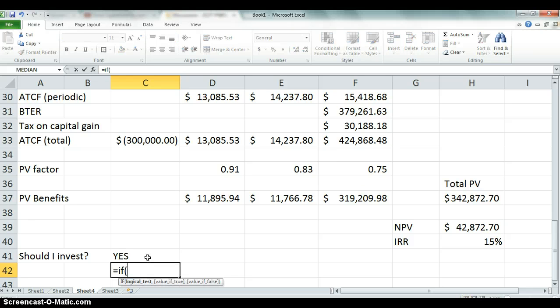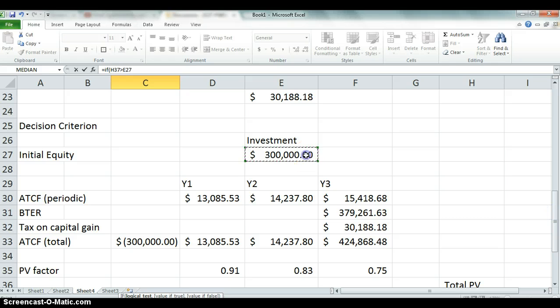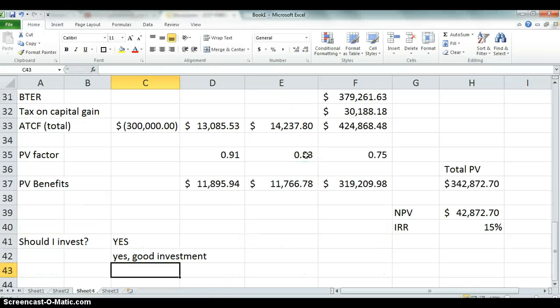So if total present value is greater than initial investment, then say yes, good investment, or say no, bad investment. So in this case we have a yes, good investment, go ahead, invest.